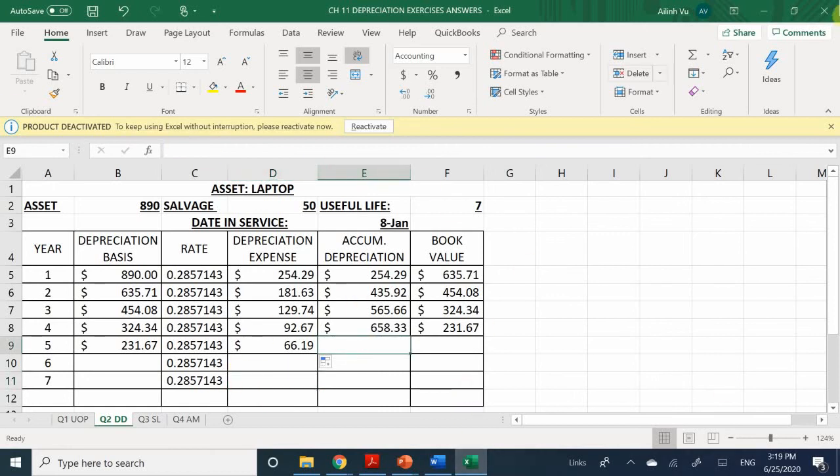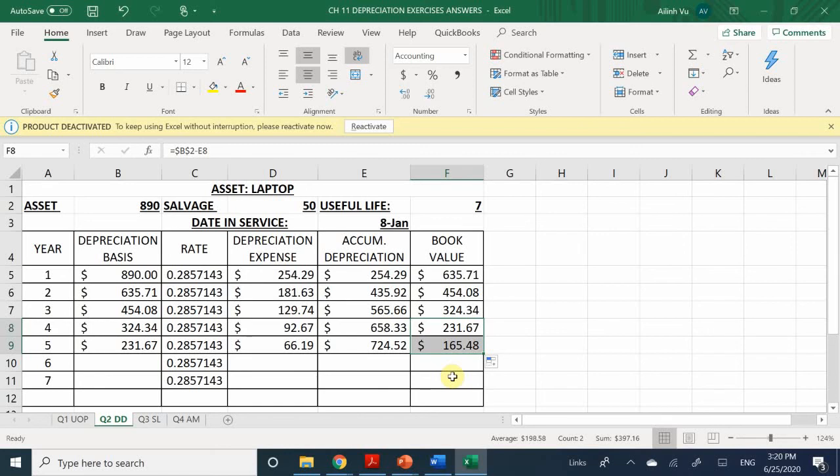So where are we now? Year seven: 24.52. Hold on, I lost my mouse. 734.52. Good. And then for the book value, 165.47 or 47.86. Okay, I got what you meant.